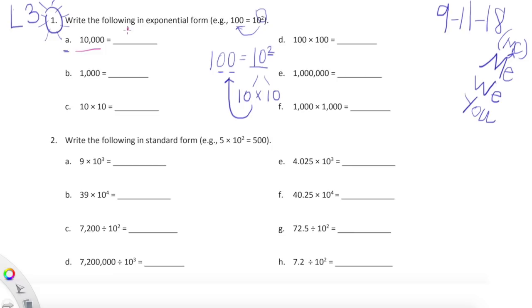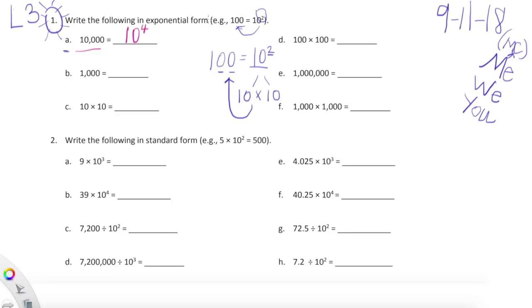Okay, so exponential form. We're going to start with 10, and we need to figure out how many 10s we are going to multiply together to get 10,000. Well, I see 1, 2, 3, 4 zeros.